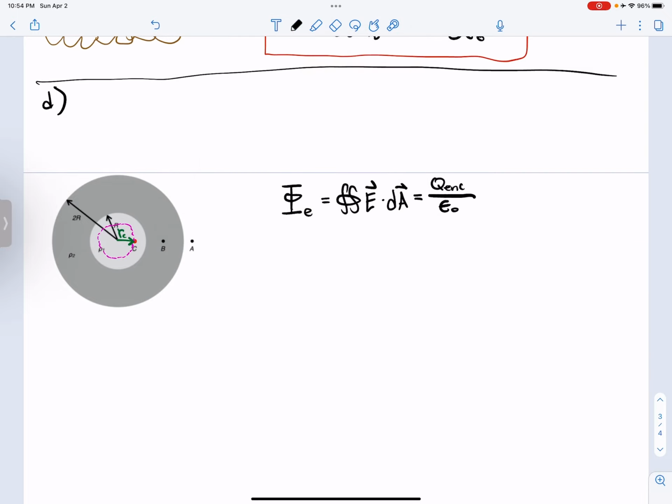So obviously it's a sphere, so the vector normal for my Gaussian surface is parallel with the electric field that radiates out from this inner layer with a charge density ρ1. So my electric field is a constant, so I'm going to take that outside. I'll get the surface integral of dA is equal to Q enclosed divided by epsilon naught. Okay.